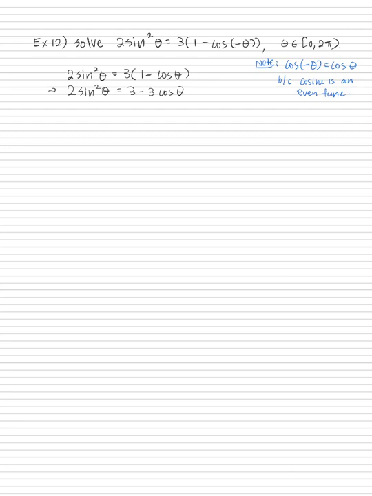Let's stare at this for a little bit. Do you notice that on the left hand side you have sine of theta, and on the right hand side you have cosine of theta? Do you remember from the previous example, example 11? If you can write this in terms of either cosine or sine, you might be able to factor it. That's my goal. So let me replace sine squared of theta with 1 minus cosine squared of theta.